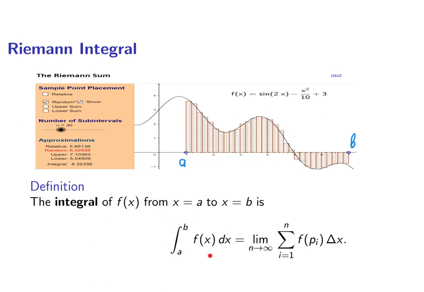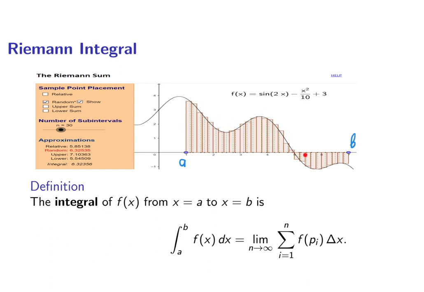Geometrically, what does the definite integral represent? Recall that a Riemann sum is the sum of areas of rectangles like this above the x-axis minus areas of rectangles below the x-axis. As n goes to infinity, the sum of the areas of rectangles above the x-axis will approximate more and more closely the total area under the curve.